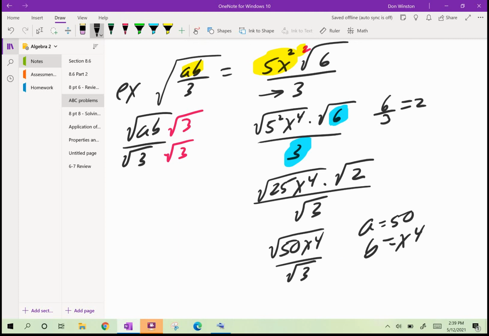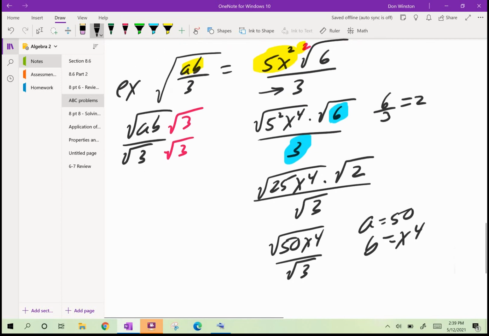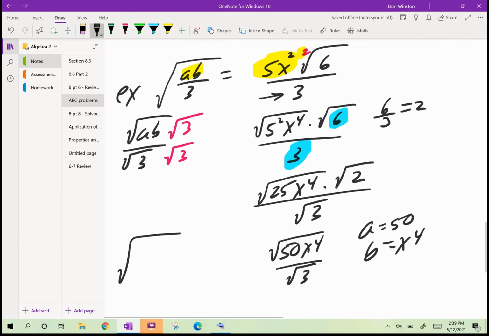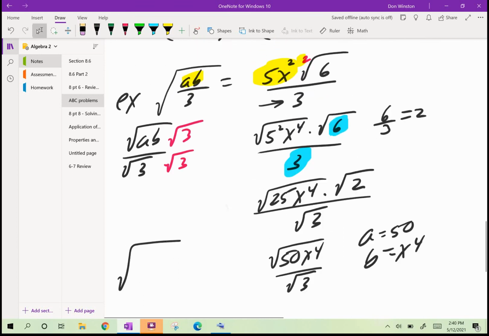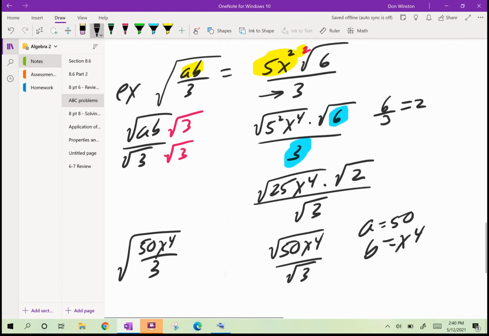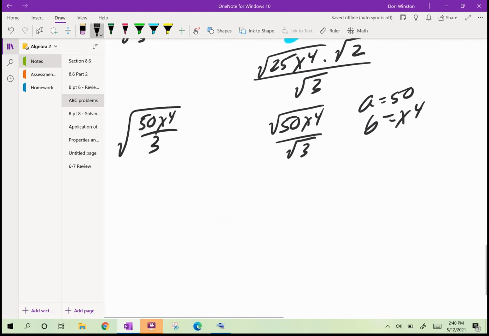All right, and then one more of these. And you can verify that. So if I had the square root of 50 x to the fourth over 3, A would have been 50 and B would have been x to the fourth. Again, if I simplify that, the square root of 50 is the square root of 25 times x to the fourth times the square root of 2 over the square root of 3.